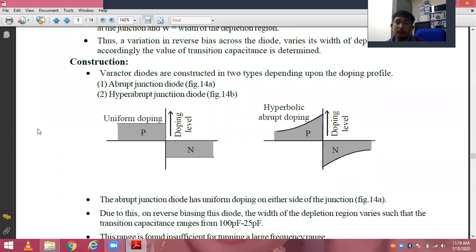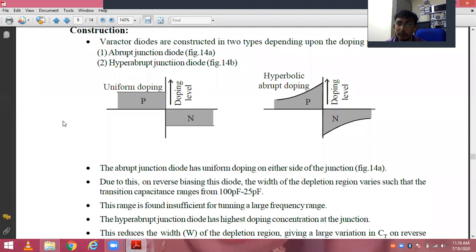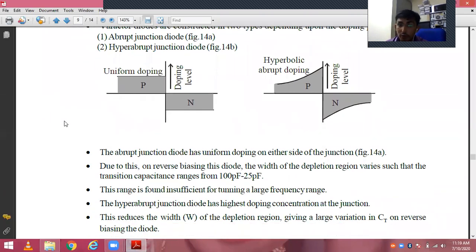on either side of the junction. As shown in the graph, its line suggests a uniform doping at the junction, and due to this, with reverse bias the depletion layer width changes such that the transition capacitance ranges from 100 picofarad to 25 picofarad in the abrupt junction diode.